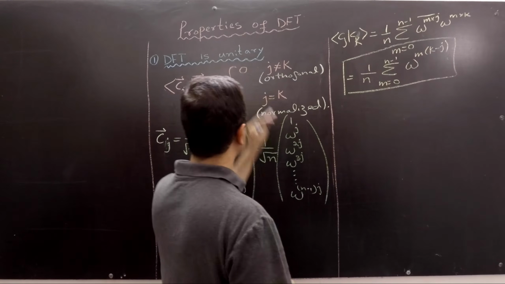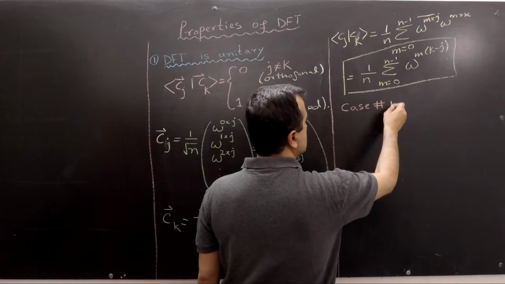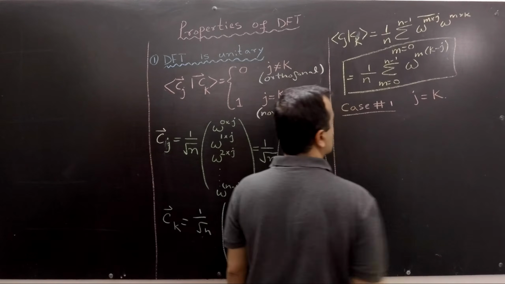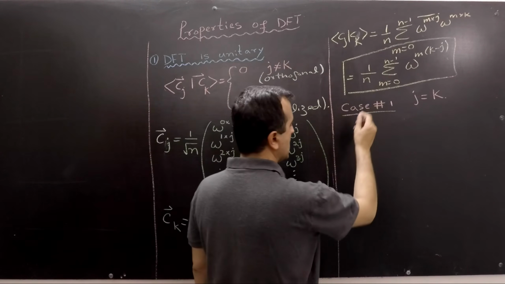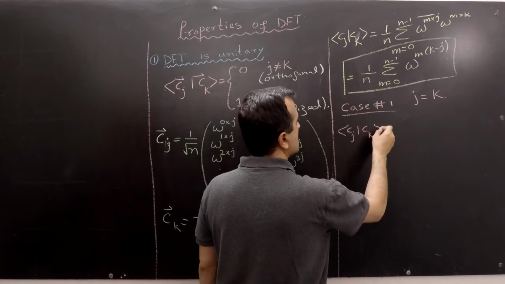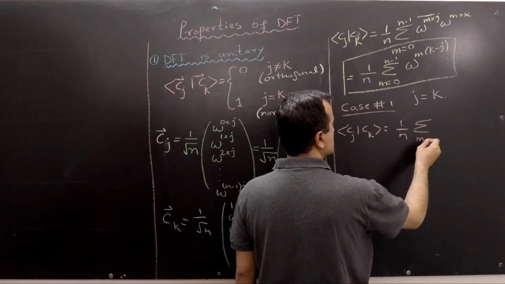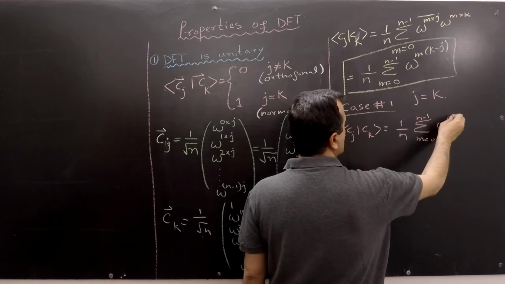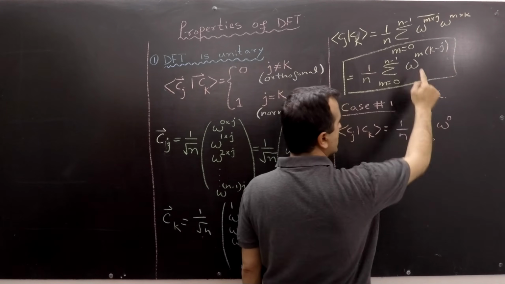Now let's consider these two cases. Our case 1 is that j is equal to k. That means they are both the same column. In this case, our dot product of jth column with kth column will be equal to 1 over n summation from m equals 0 to n minus 1 of omega raised to power 0, because when k and j are the same, the power of omega will be equal to 0.